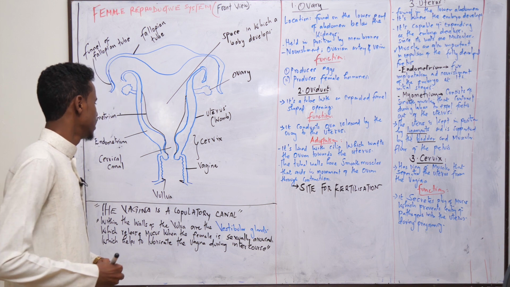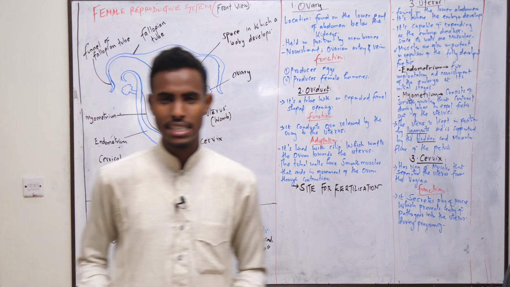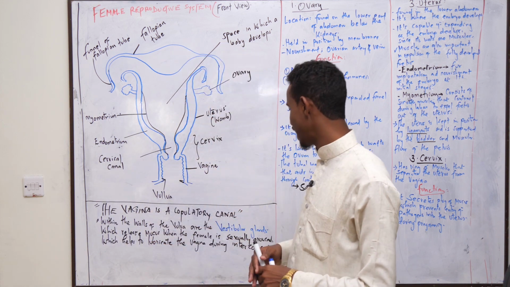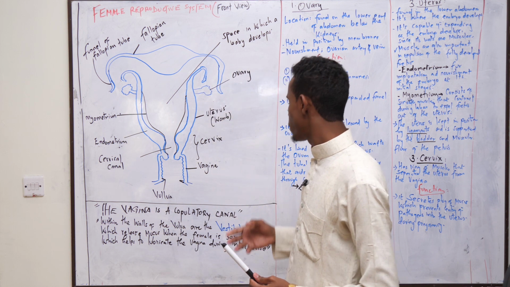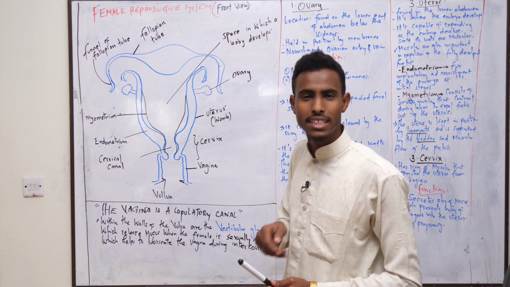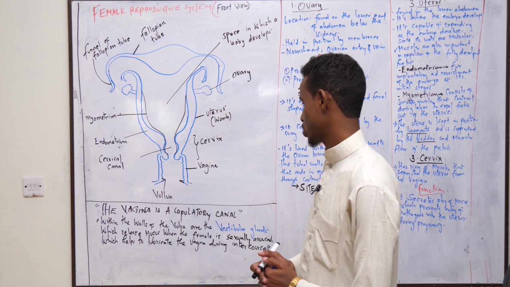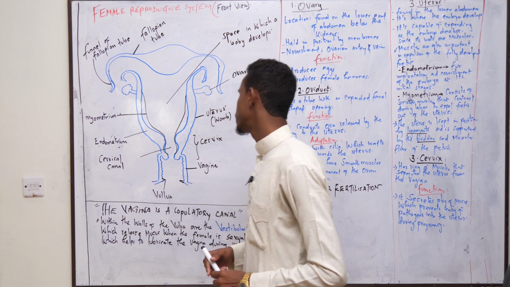Now class, next we have the vagina. The vagina is the copulatory canal, which means it is where the male's penis penetrates the female's body during sexual intercourse. Below the vagina, we have the vulva.